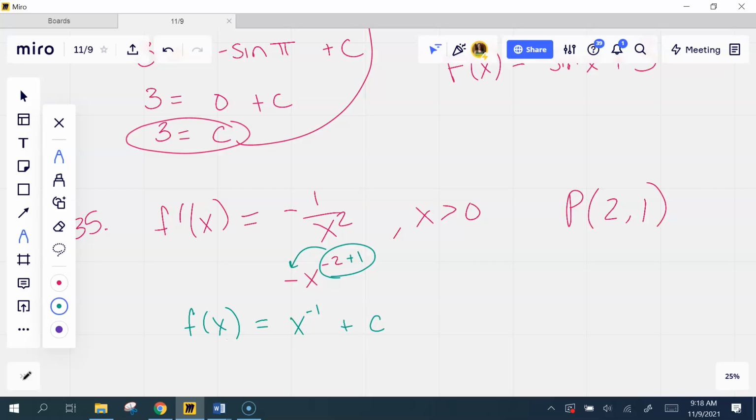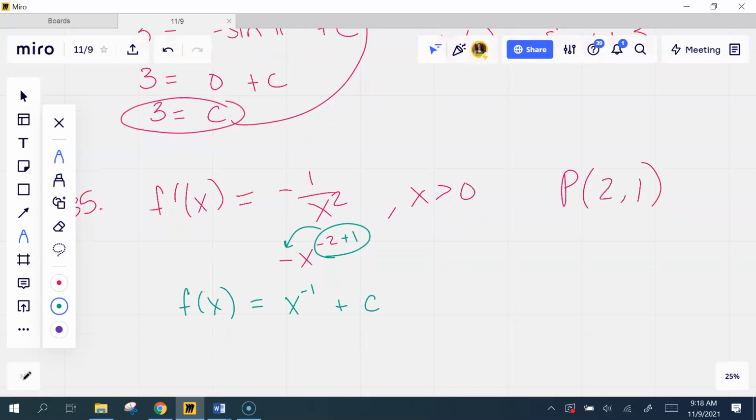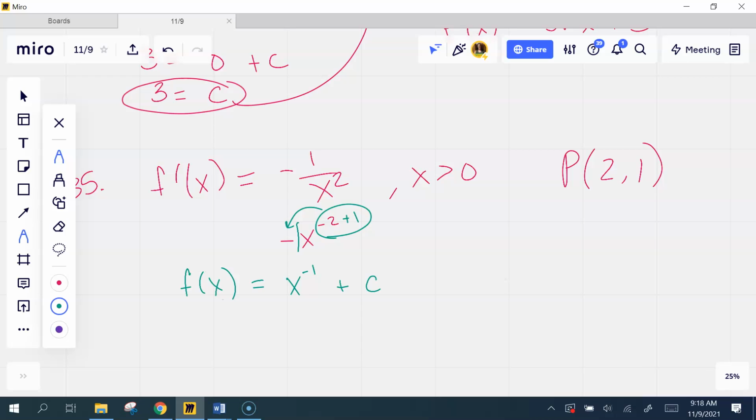Yes. And because there was a negative 1 in front, negative 1 divided by negative 1. Anytime you move it, you change the sign. Move it, change the sign.